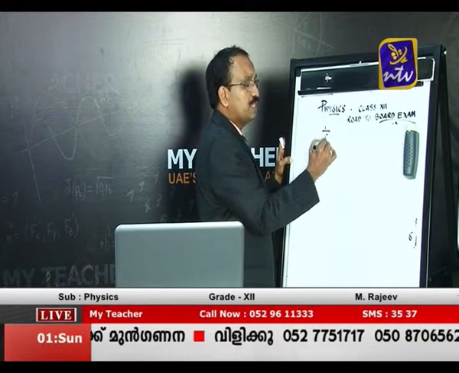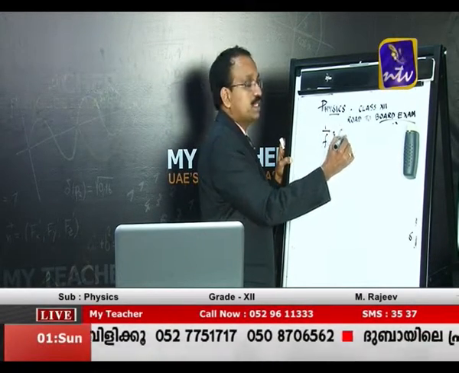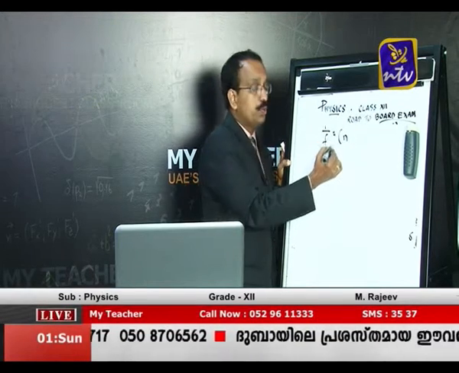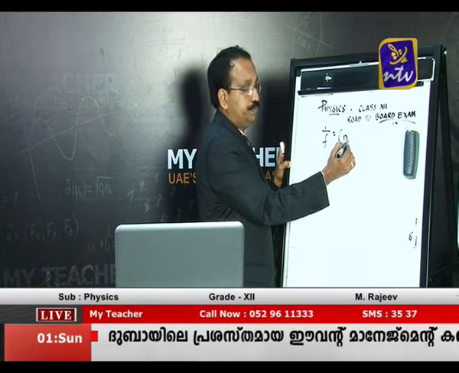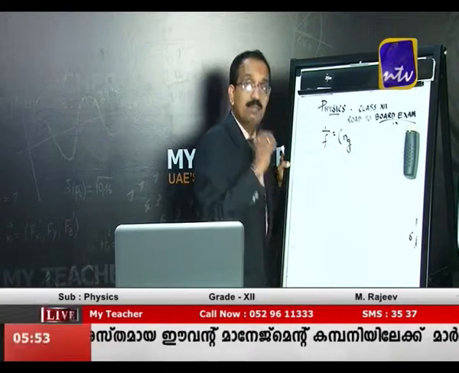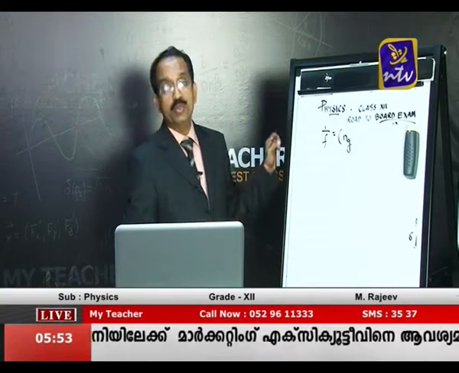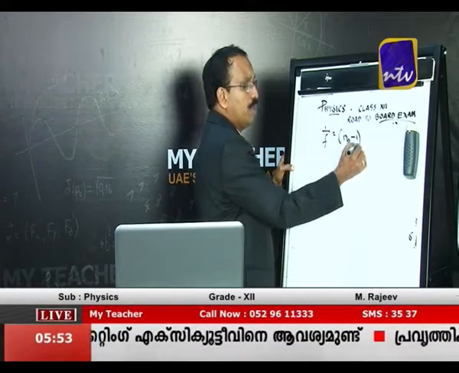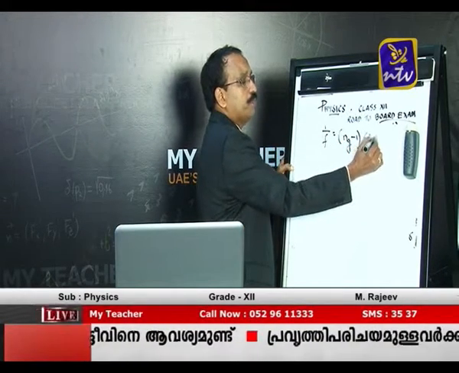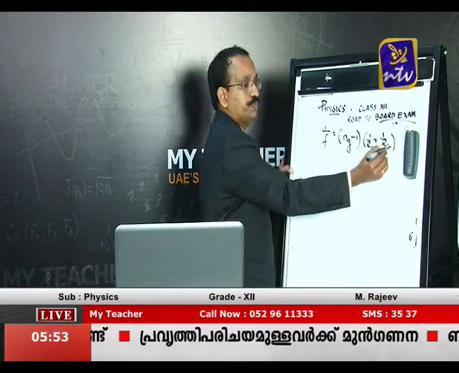For a convex lens we have the equation 1 by f is equal to (refractive index of glass minus 1) into (1 by R1 plus 1 by R2).